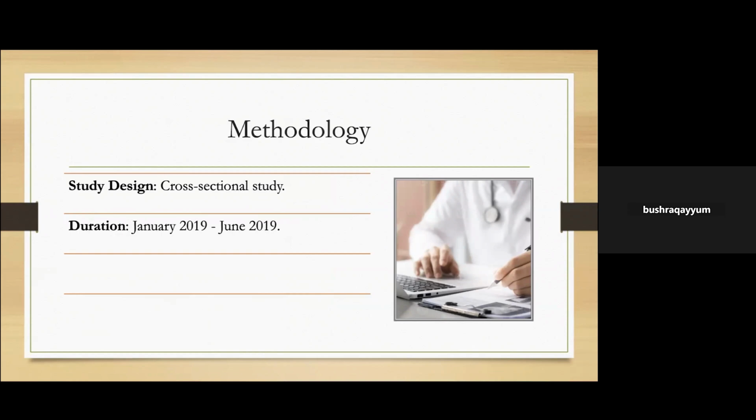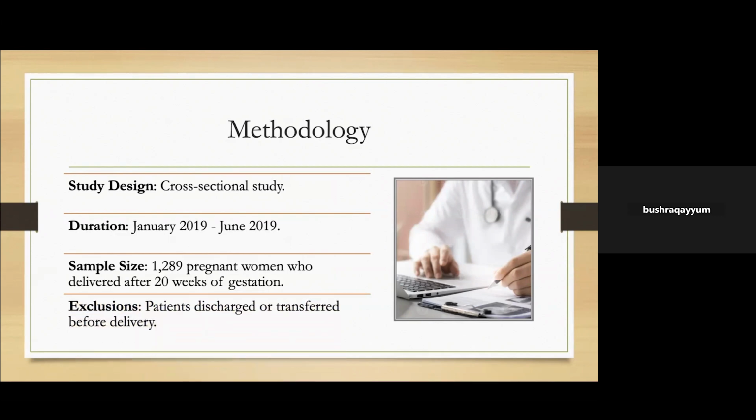The duration was 6 months, from January 2019 to June 2019. The sample size was 1289 pregnant women who delivered after 20 weeks of gestation. We excluded patients discharged to other facilities or transferred in utero to other tertiary care hospitals.